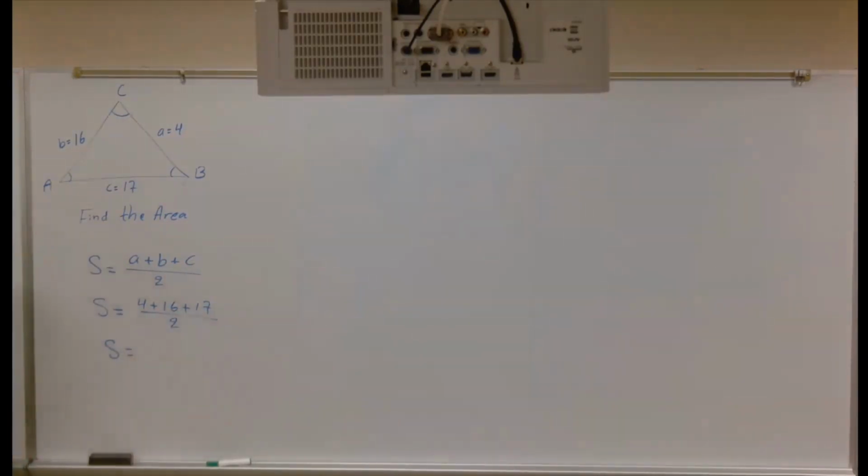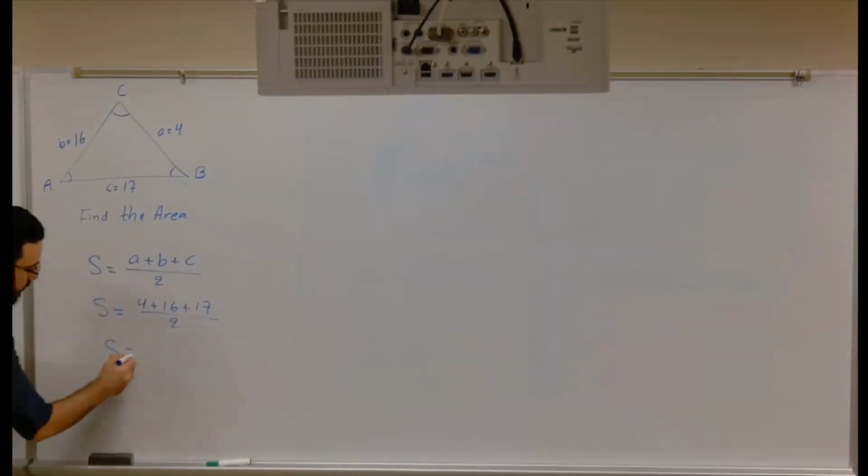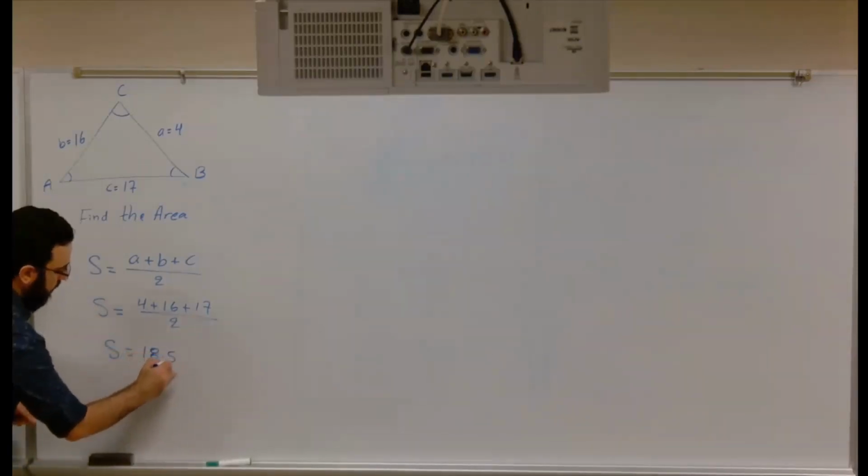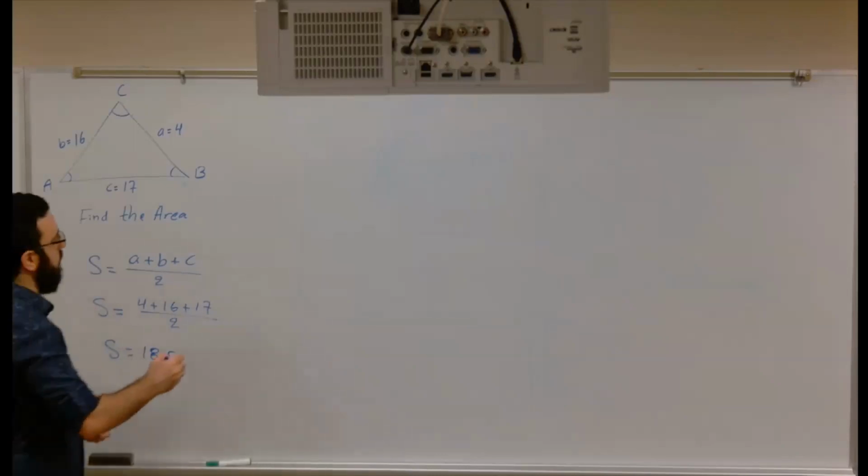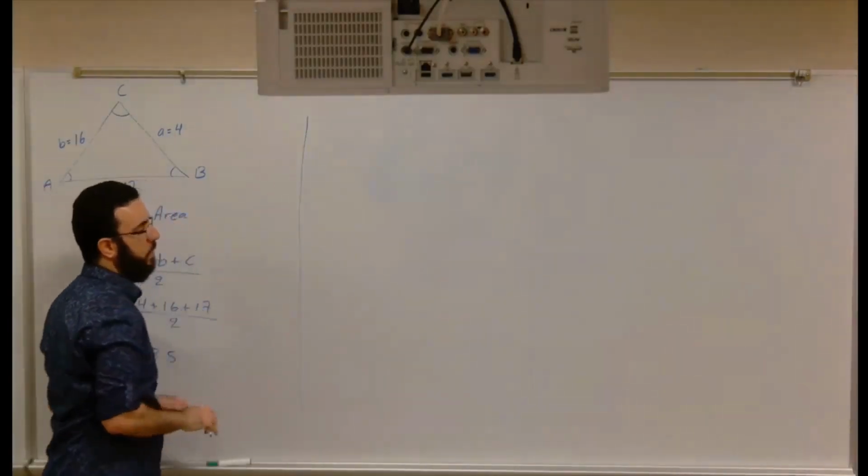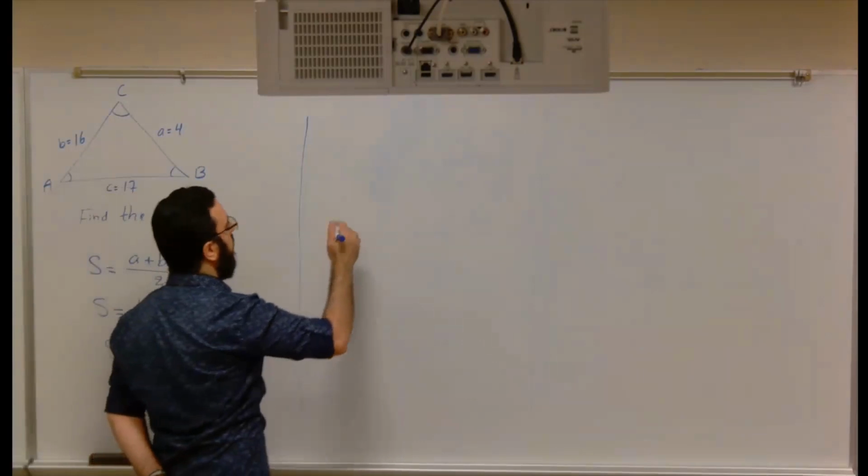S is going to be equal, what? 20, 30, 37 divided by 2. 18.5. Yes or no? Yes. Then I'm gonna use the formula.